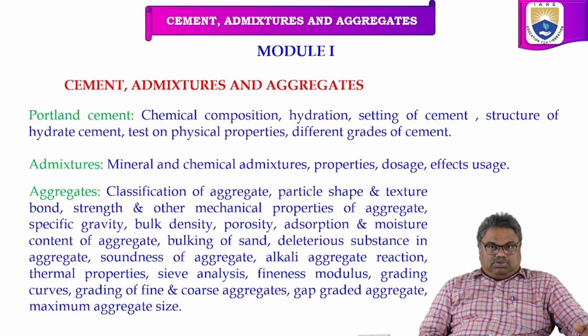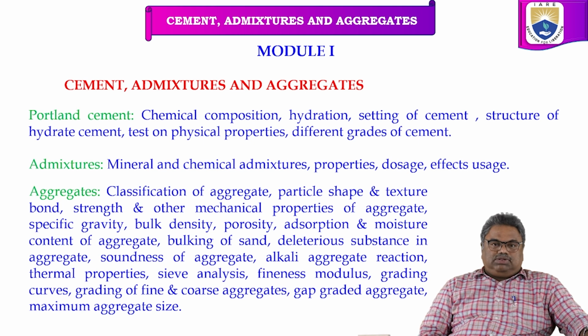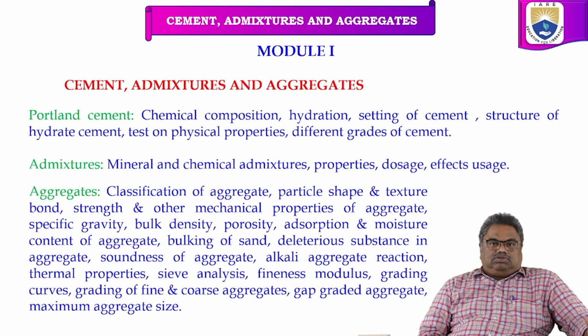That is, specific gravity of the aggregate, bulk density, porosity, absorption, moisture content of the aggregate, bulking of sand, and deleterious substances in the aggregate, soundness of the aggregate, alkali aggregate reaction, thermal properties of the aggregates, sieve analysis, fineness modulus of the aggregate, and the different grading curves.